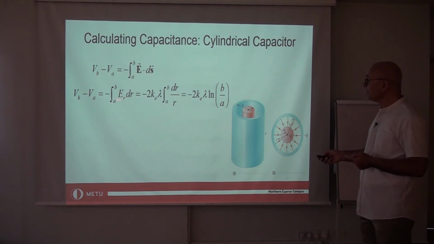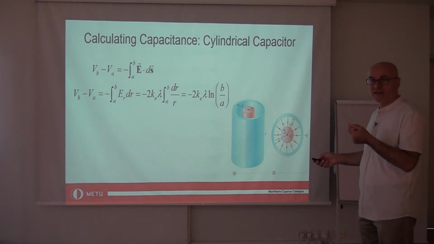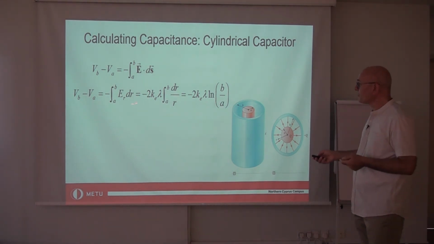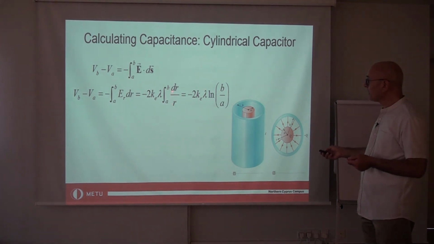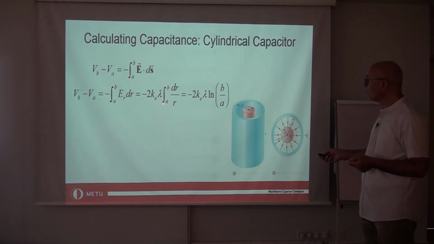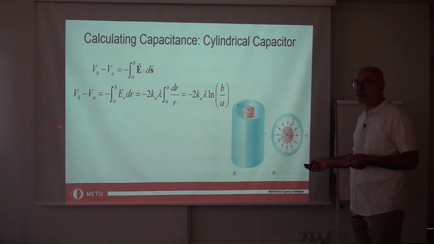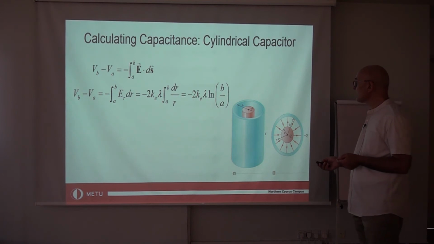This means that E dot ds will be just E dr. And instead of E, you just substitute the expression, and everything is constant. You take these outside the integral, and you have only an integration over dr, which is a simple integral, which is a natural log. So this is your potential difference in this region.